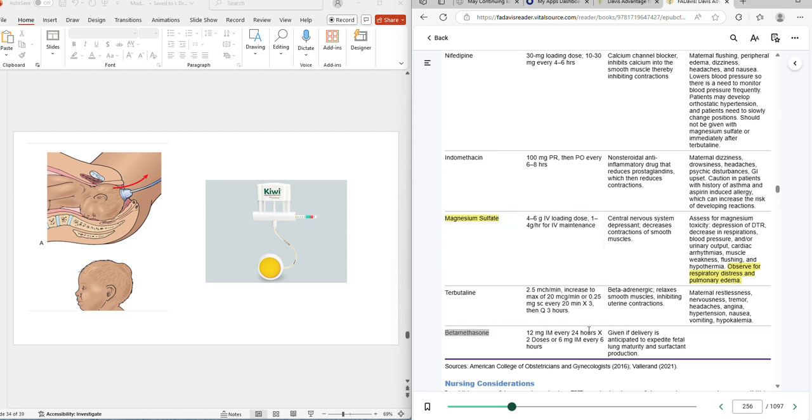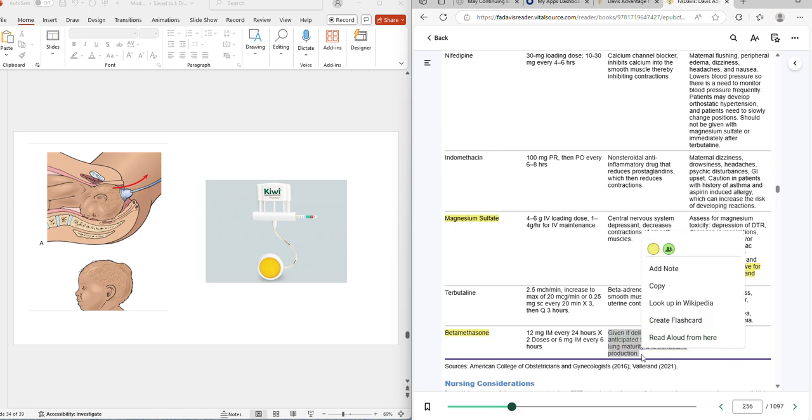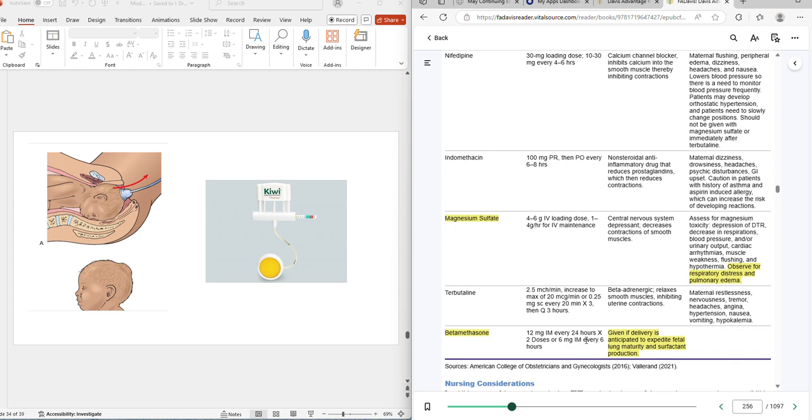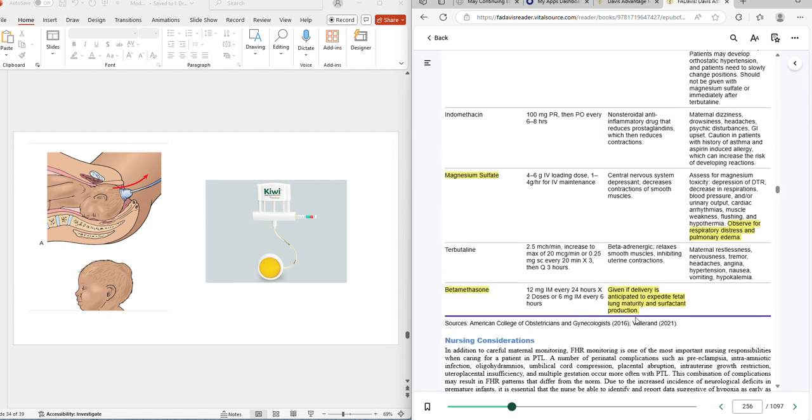If we have somebody going into preterm labor that's early, we're going to give them a dose of betamethasone to help the fetal lungs develop, okay? So surfactant, which is a glue that keeps the alveoli open, we're going to talk about that, but that keeps the alveoli open and helps the fetal lungs to mature, okay?